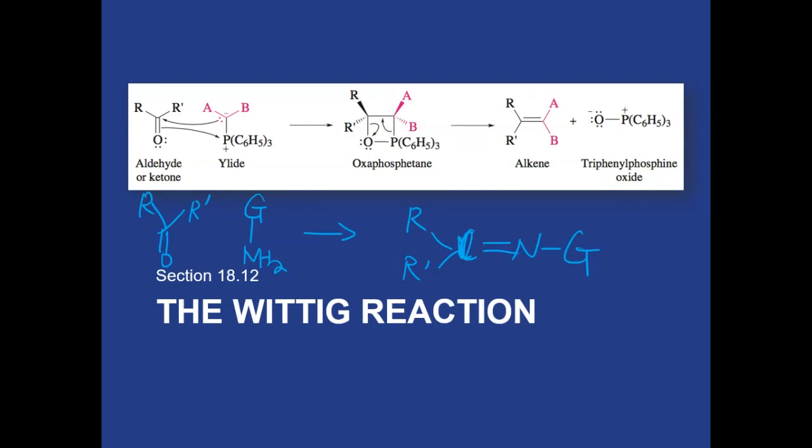So it's addition followed by elimination. But if you have a special kind of nucleophile, a carbon-based nucleophile, and the structure is shown here, this kind of nucleophile we call ylide. This ylide features a carbon-phosphorus bond, and the carbon is somewhat more electronegative than phosphorus.